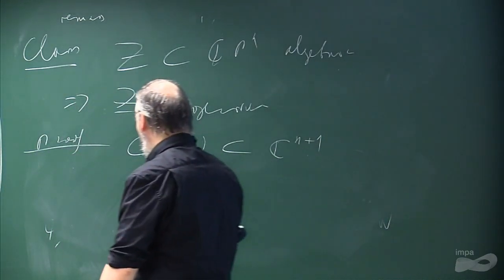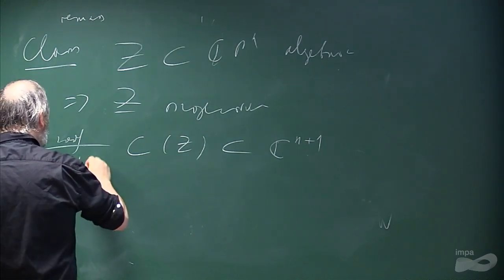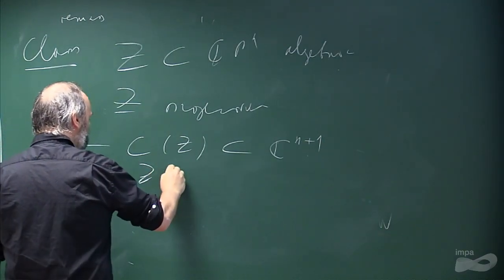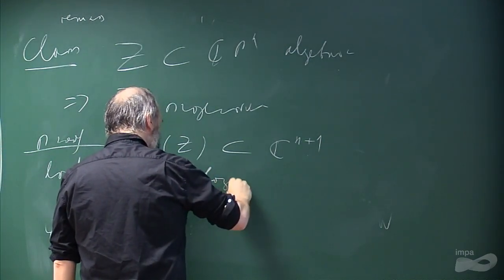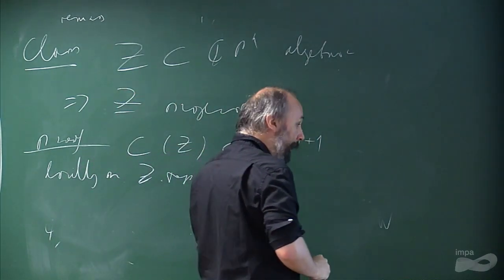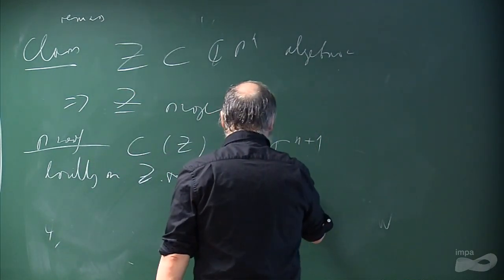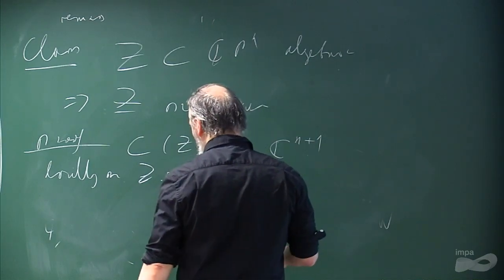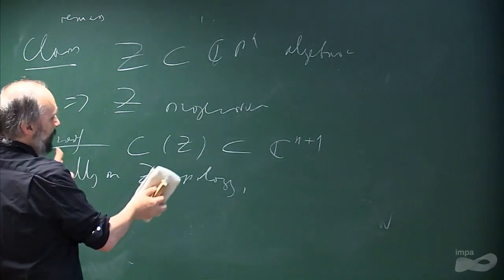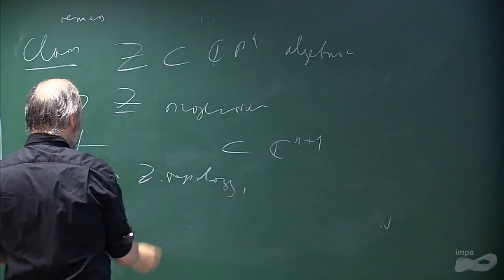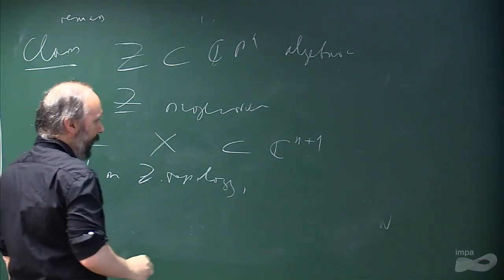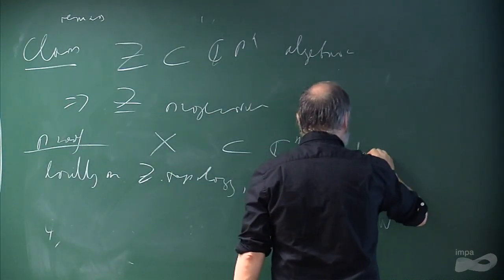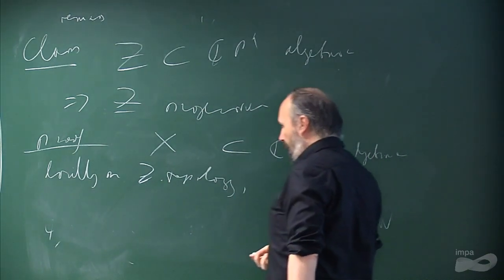So locally in Zariski topology, this subvariety, well, we don't need it to be a cone, just any algebraic subvariety. So let's call it X. And I'm going to prove that it's affine.